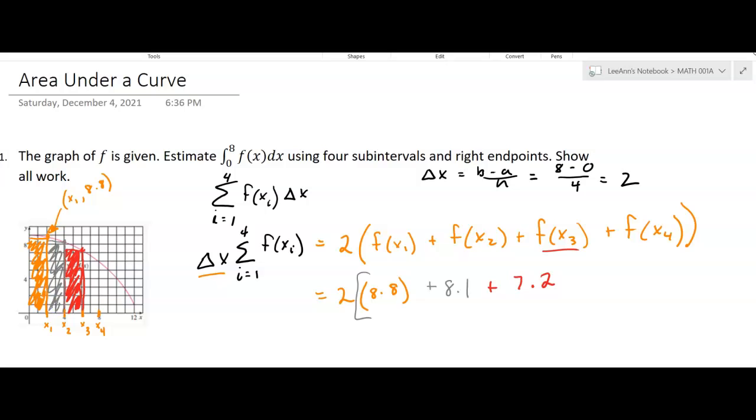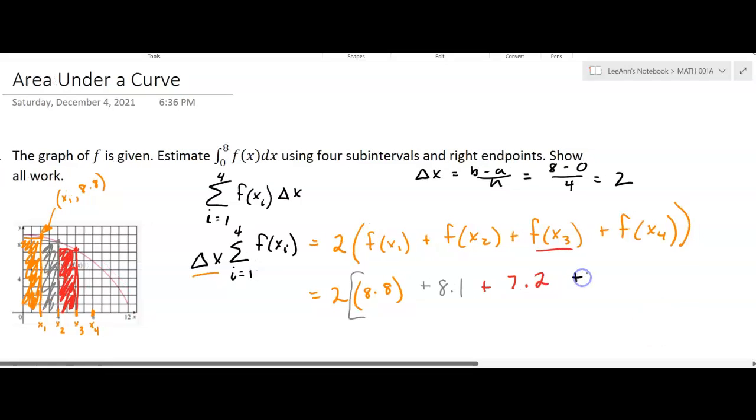Plus, what is f of x sub 4? Well, it's right here, and it looks like that's a 6. So you're talking about this rectangle right here. And remember, we're getting an approximation here. So you pull out a calculator, add these up, and multiply by 2, and in this case our approximation is going to be 60.2.